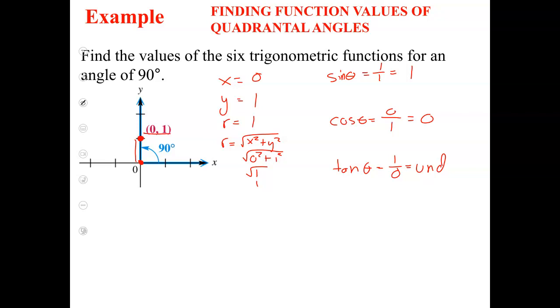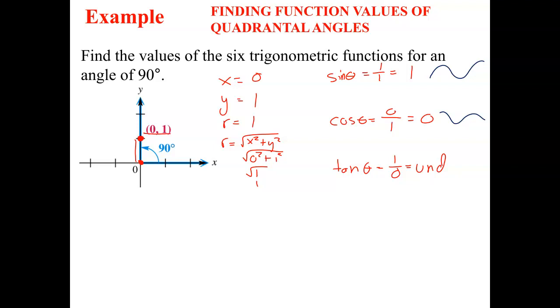Quick little drawing time. The graph of sine is a wave. Okay? And it oscillates back and forth. Cosine does the same thing, it just starts at a different point. So sine and cosine both have that wave, they're continuous, it does that forever in both directions.